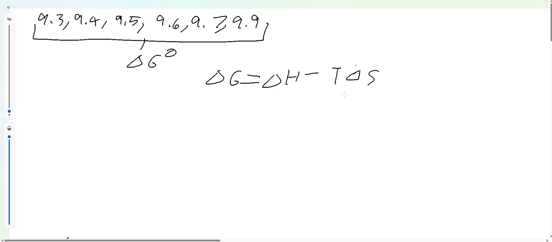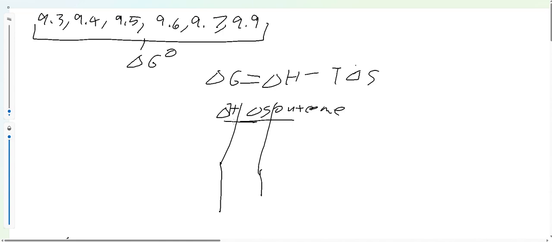If we draw a table here of delta S, delta H, and the outcome, remember that we want delta G to be negative because that's when it's favorable. If delta H is negative and delta S is positive, then the outcome is negative for all temperatures, and you basically don't have to worry about it being favorable at that point.